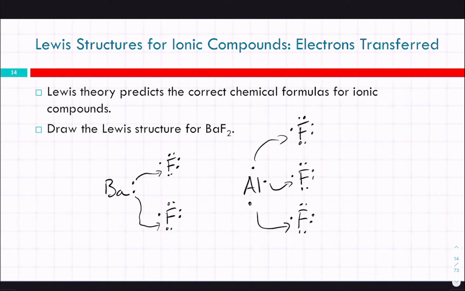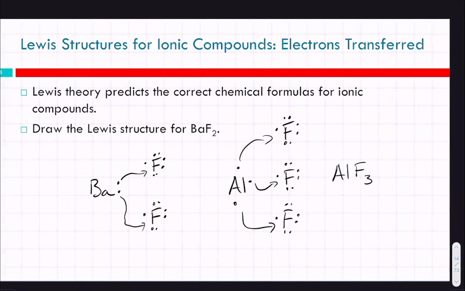Because what you're really doing is saying all of these electrons from the metals are being transferred to all of these nonmetals. So they're all balanced. That's why aluminum fluoride is AlF3. Good? Questions? Cool.